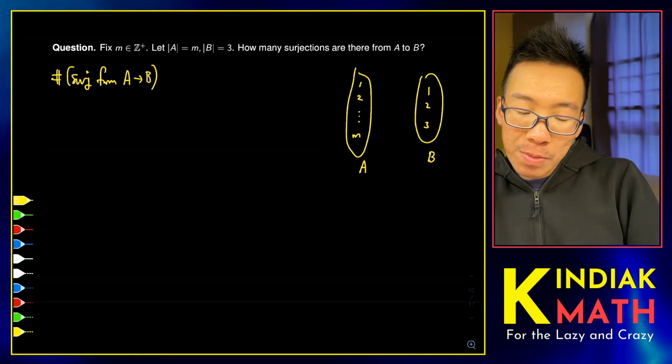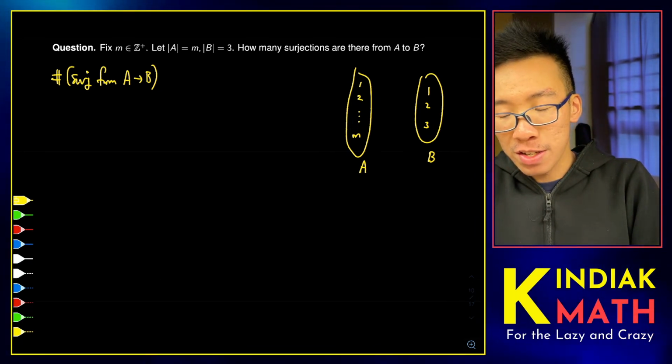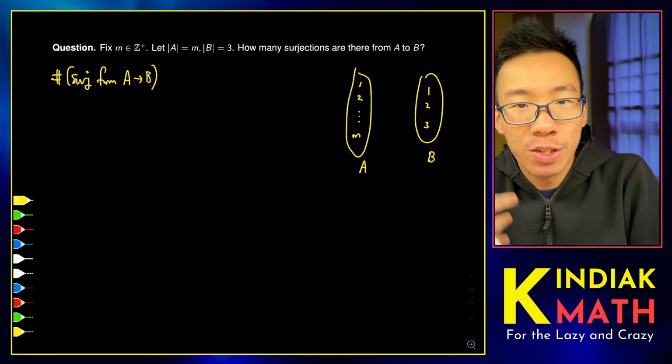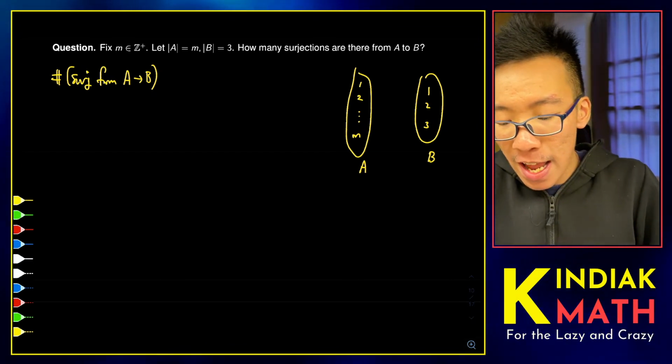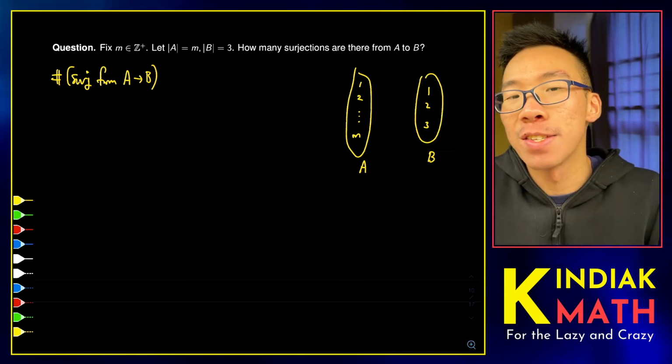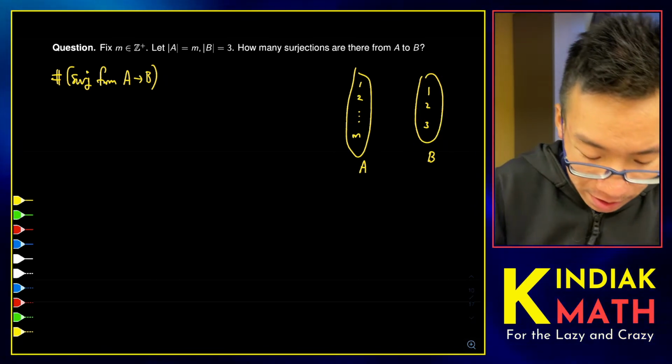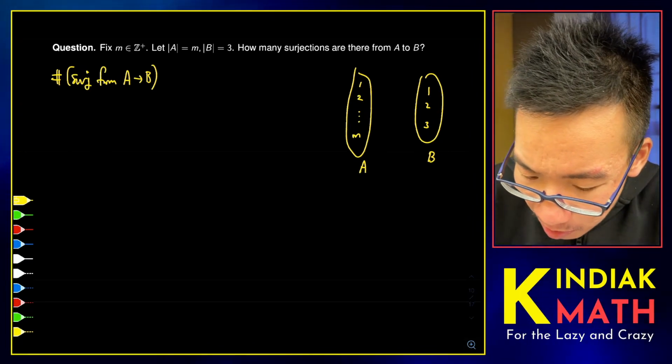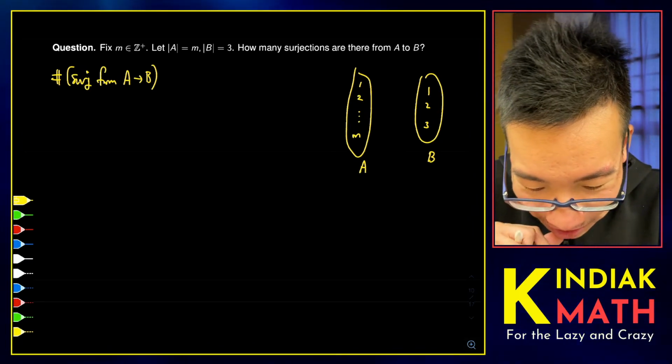Well, the number of surjections, what does it mean for a function to be surjective? It means that everyone gets hit, right? Every output has at least one input. That's what it means. Surjective. It might be a bit difficult to count it directly.